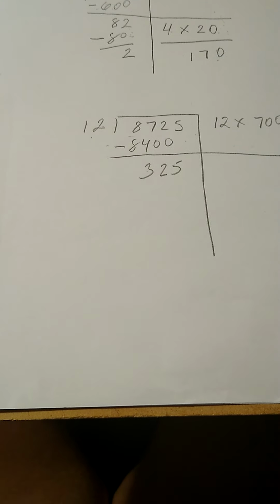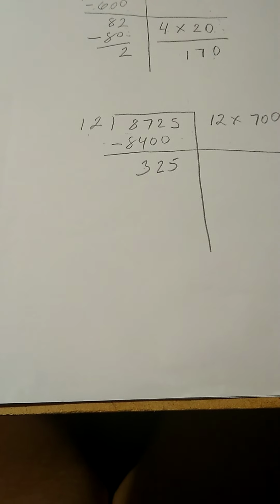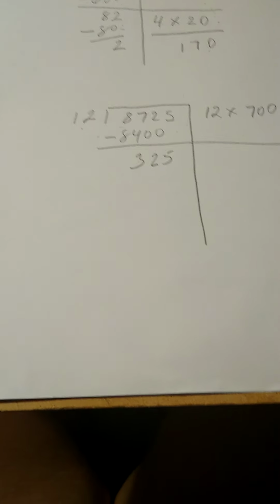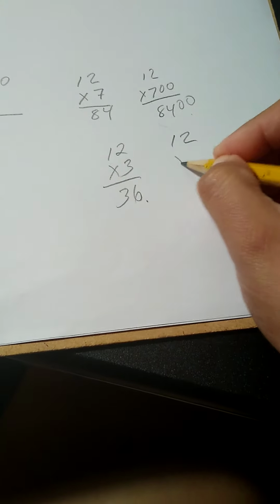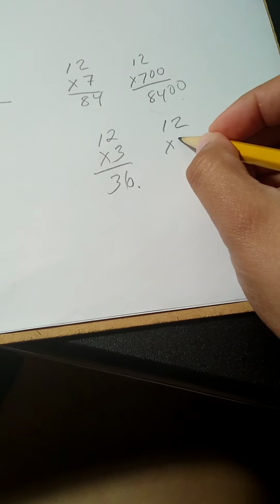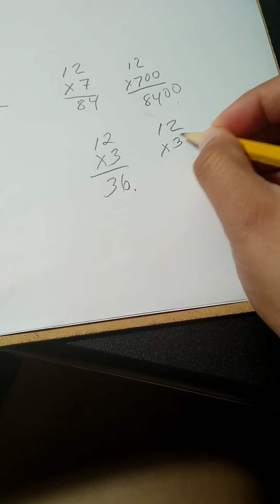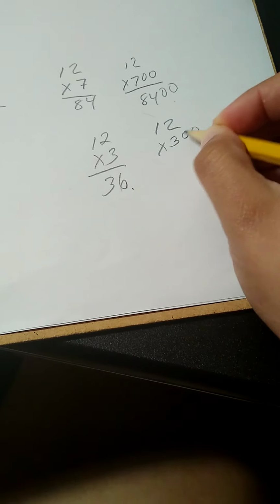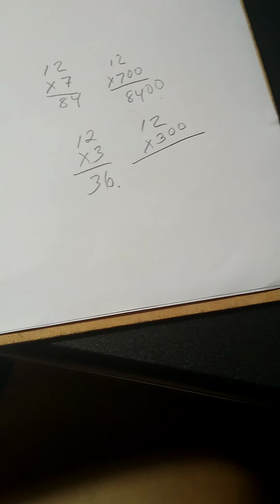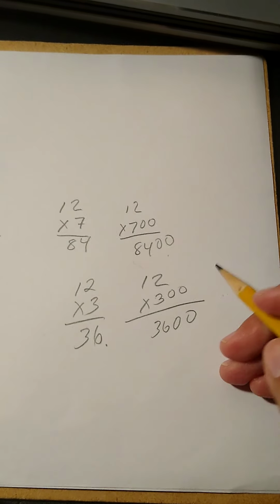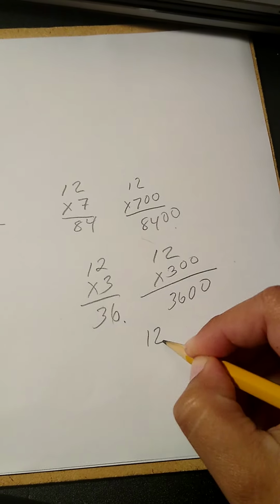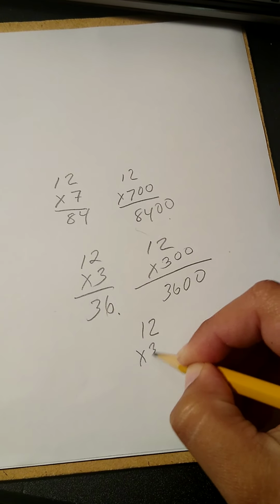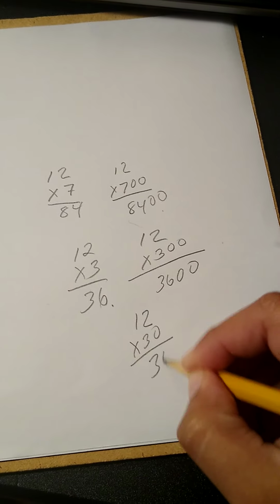Now, we know that 12 times 3 is 36. 12 times 300 will be 3,600, which is too much. 12 times 30 will give you 360.